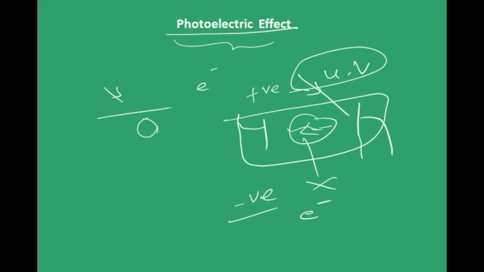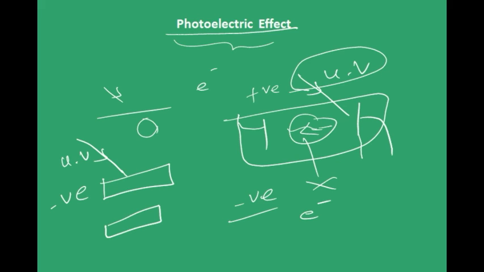Okay, the same phenomenon can be observed in a different way also. A scientist did this. He took a zinc plate which was initially charged negatively, that is initially it had some negative charge. He threw some ultraviolet radiation, and he saw that the plate lost its negative charge and became neutral because of this illumination.